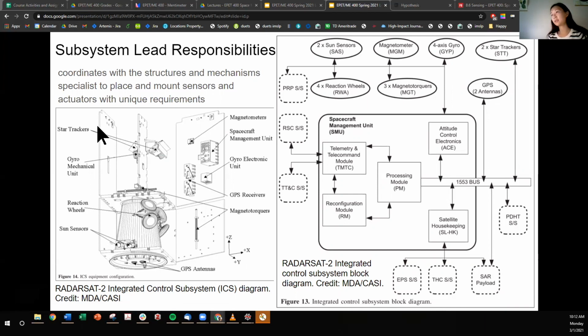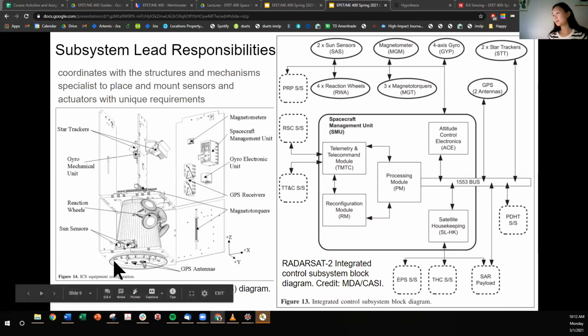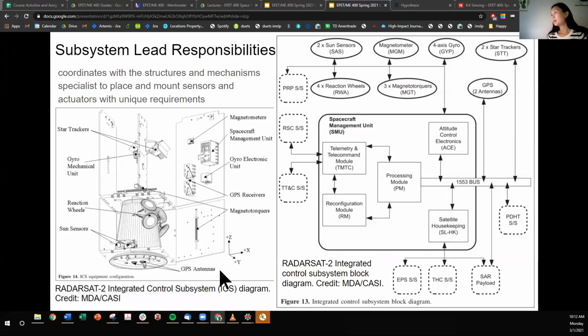This could be star trackers that want to see the stars, of course, sun sensors. We have GPS antennas that also want to be on the outside and unoccluded. There are some things that want to be oriented in certain ways.